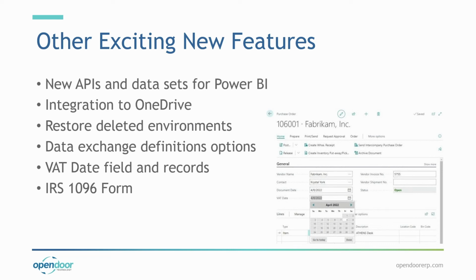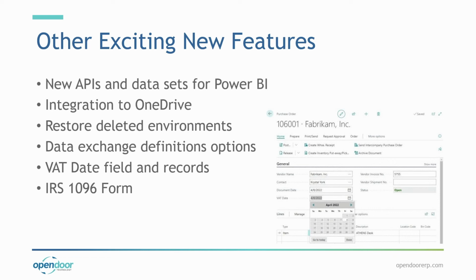There will also be predefined data sets available for customers, vendors, and ledger entries, including the detailed ledger entries, which is widely used to report on sales or purchase statistics. So that's really interesting for your Power BI dashboards.